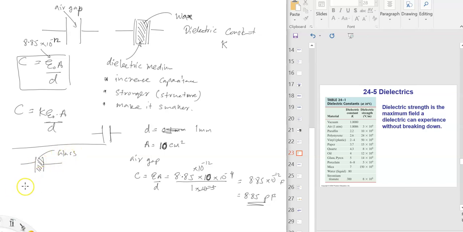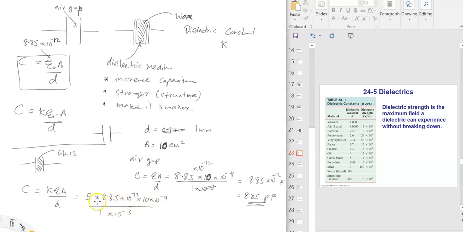So the new capacitance, K times epsilon A over D. K, the dielectric constant for glass, from the table I can see it's 5. So 5 times 8.85 times 10 to the -12, 10 times 10 to the -4 over 1 times 10 to the -3.